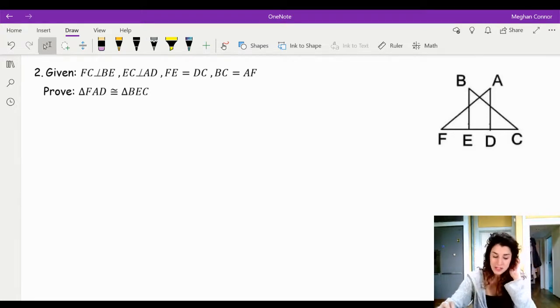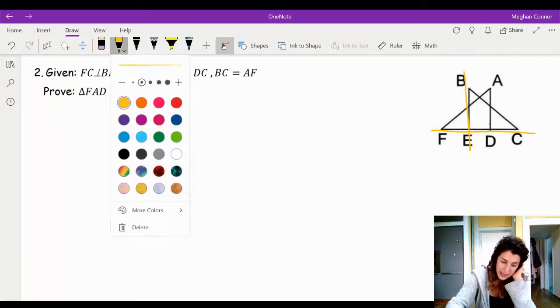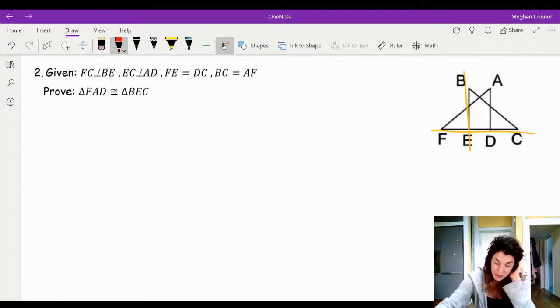Okay, so we're given that FC is perpendicular to BE, and we're given that EC is perpendicular to AD. There's a lot of things going on, but FC is perpendicular to BE, and then you can go in with a different color. I hope maybe some of you are using this strategy to keep things straight.